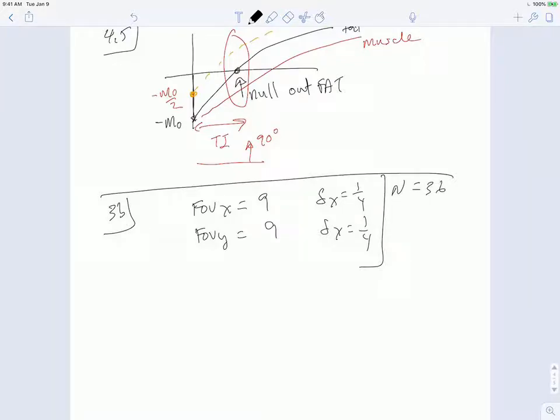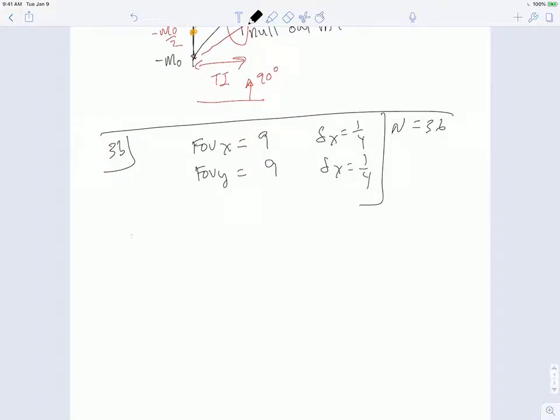Doesn't that work out the same as the number of readouts as well? Yeah, it has to be, right? Because think about it this way: the number of voxels is FOV over the resolution, right?